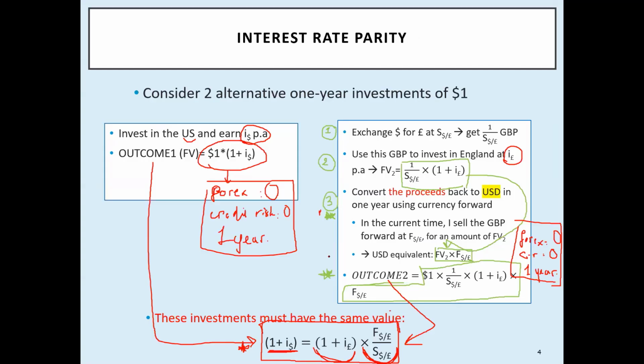In the next slide, we'll look at how to prove the interest rate parity condition using arbitrage. What we're saying here is that this condition has to hold. This equation has to hold, otherwise arbitrage would happen.